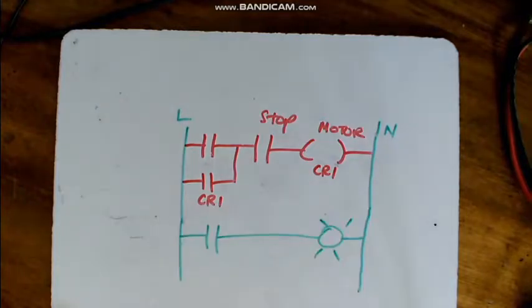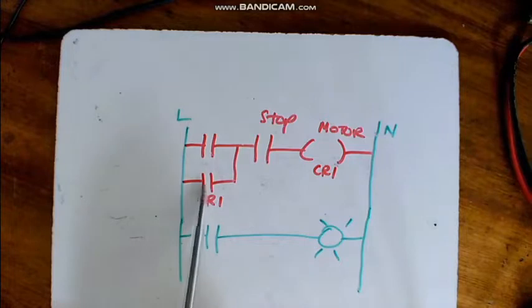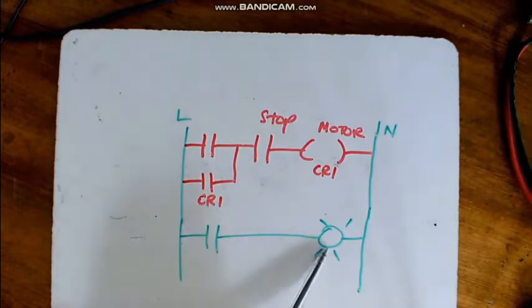To the circuit, you can also add in a lamp. And what will happen is that this button will be the opposite of that button. So when the motor is running and this is closed, this one will be the opposite, so that light won't be lit.